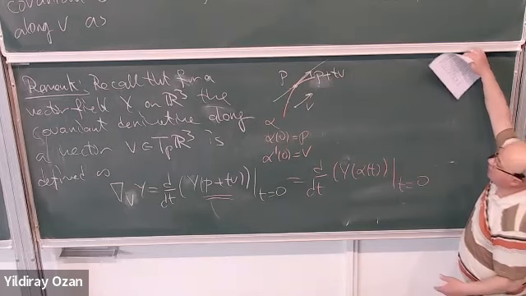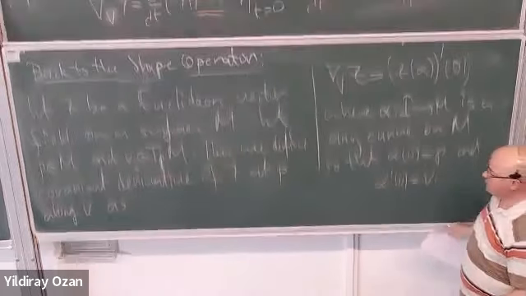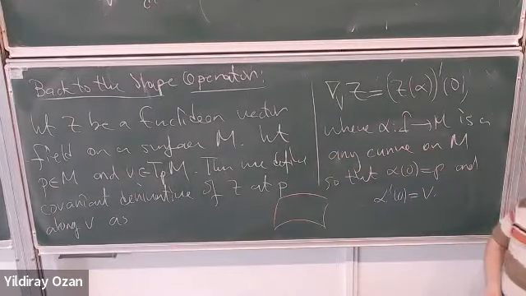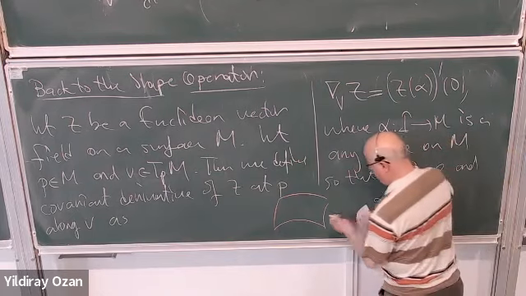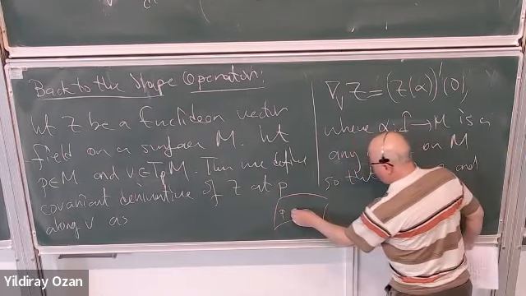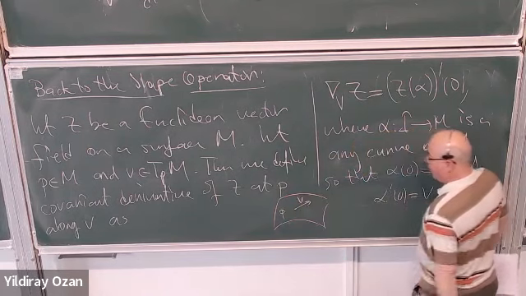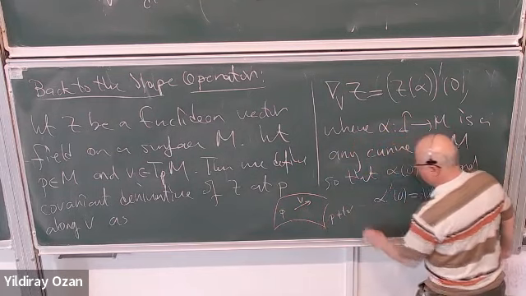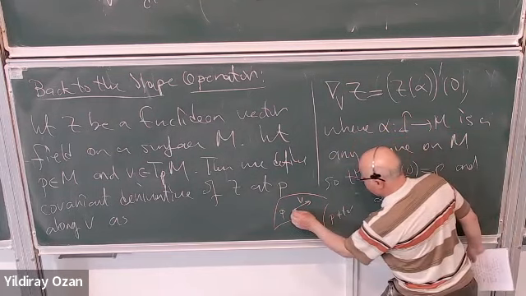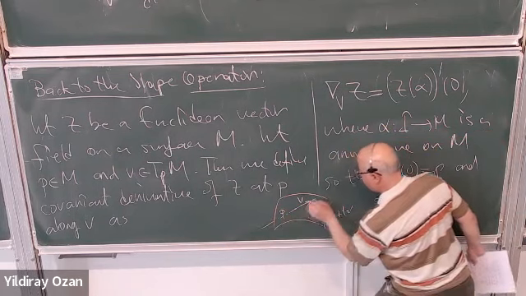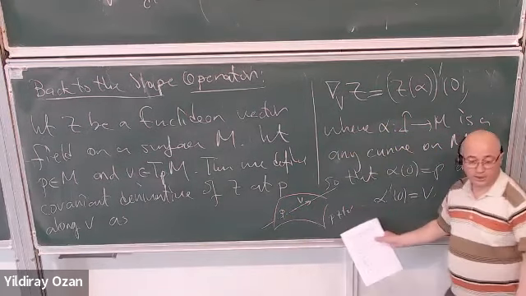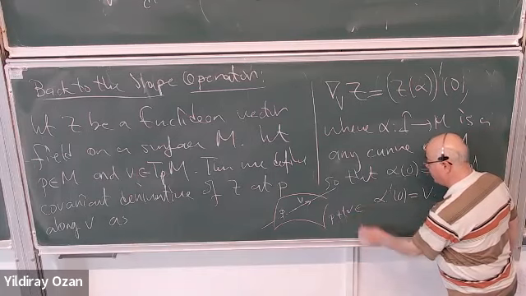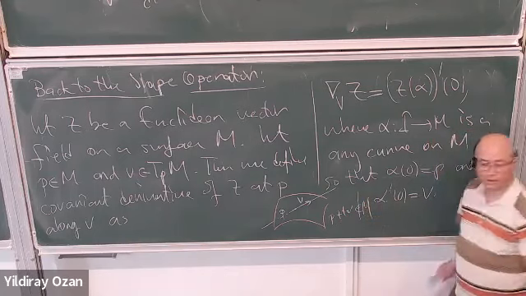However, if you are on a surface like this, and suppose you are at this point P, and you have a tangent vector V, then the line P plus tV, what is this line? It is this line. This line doesn't belong to the surface, right? The points of this line are not contained in the surface.